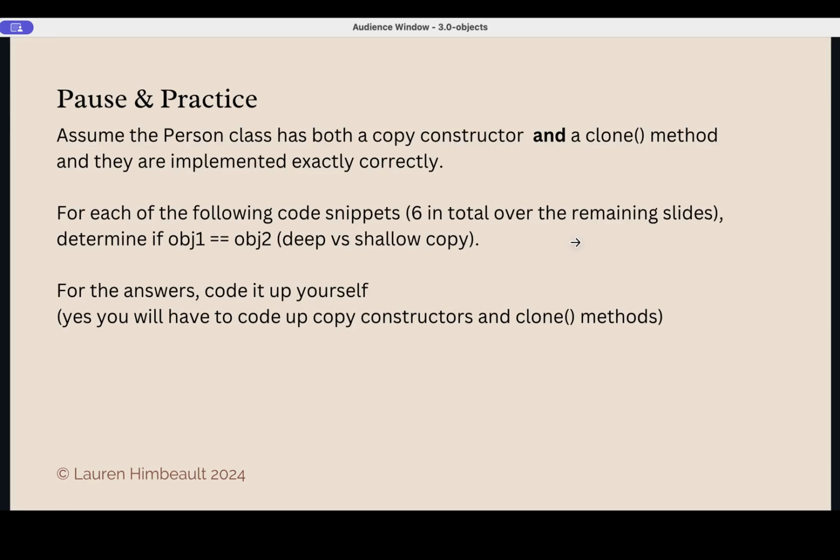There's a bunch of code snippets over these last few slides, and you have to determine if this will be true or if this will be false on your own. So you'll determine if object 1 is equal to object 2. Now, we haven't seen a copy constructor, so that's why I said I just have one more thing I'm going to show you, but we have done the clone.